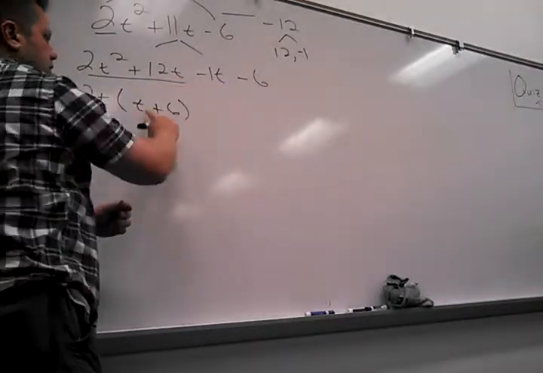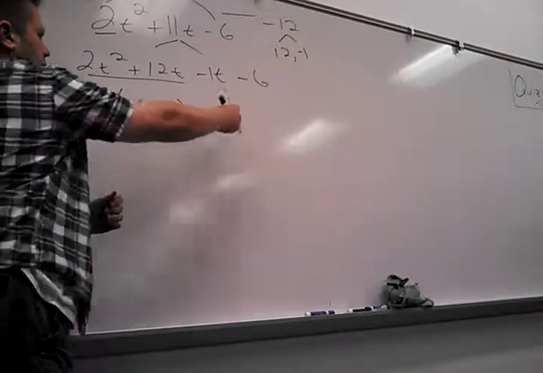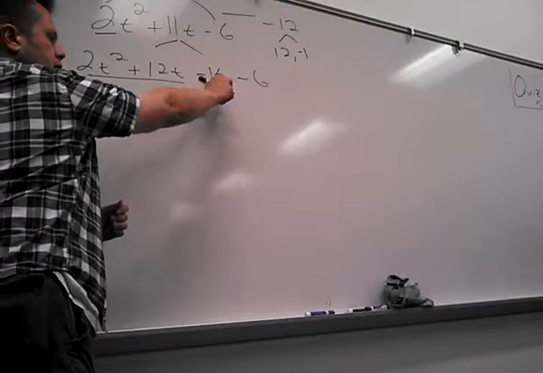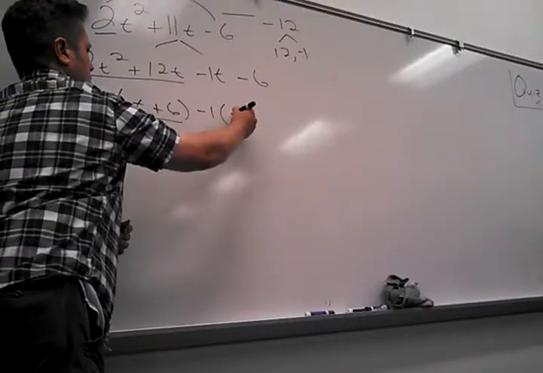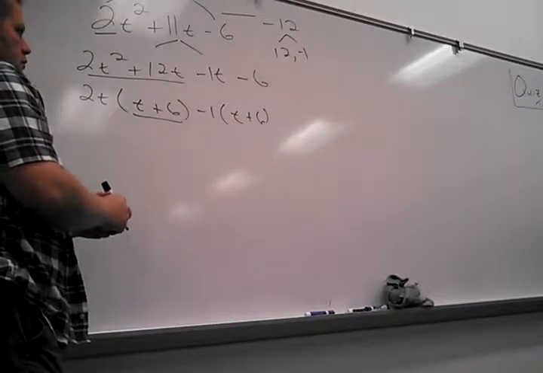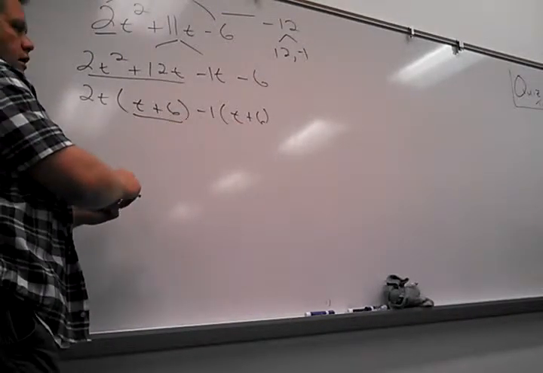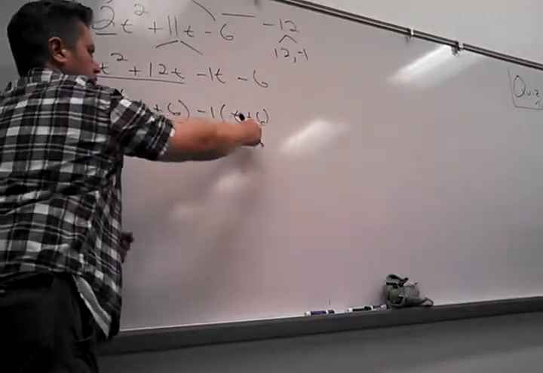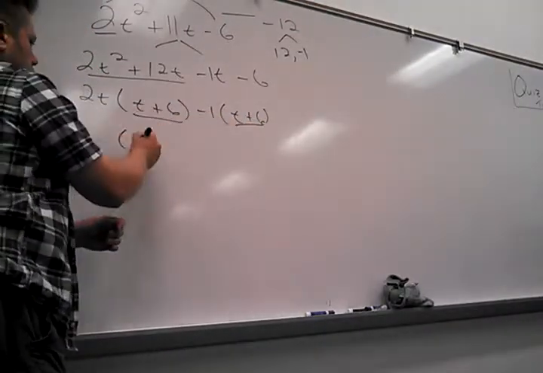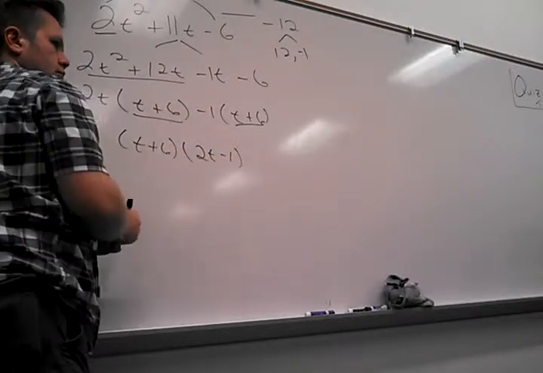To make that a positive t like it has to be, use this guy as a hint. It's got to be the same there. I've got to take out negative 1. Yeah, everything in there changes signs now. And of course, what can you take out of there? 2t minus 1. Yeah, I know I'm on the right track because these are the same. So the answer is t plus 6 times 2t minus 1.